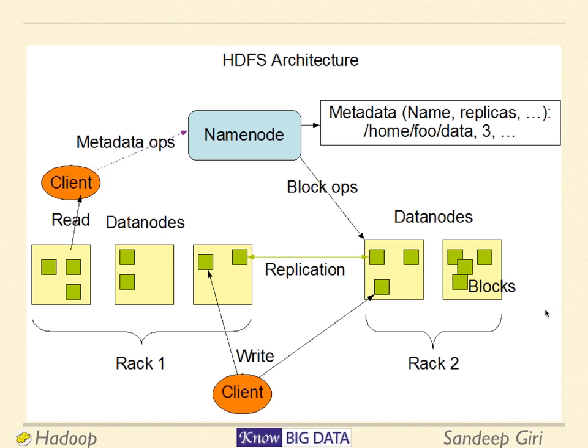In terms of consistency, HDFS says that we provide 100% consistency, and to provide strict consistency, it needs to have a singular name node. Okay, not a load balanced system.